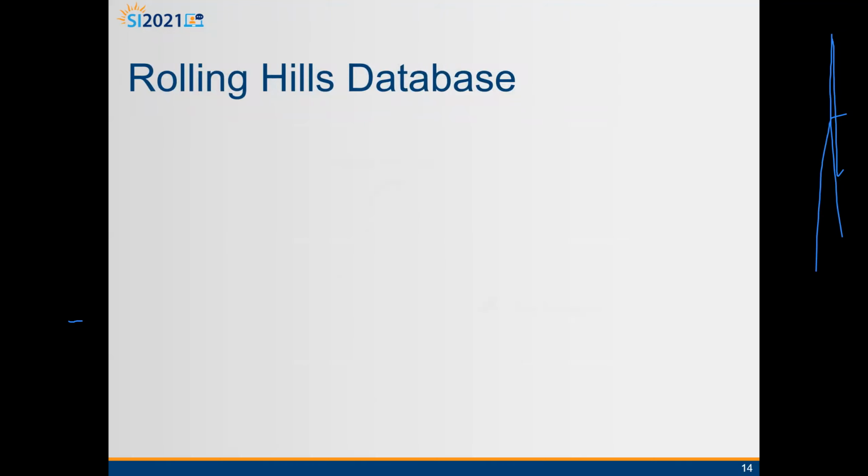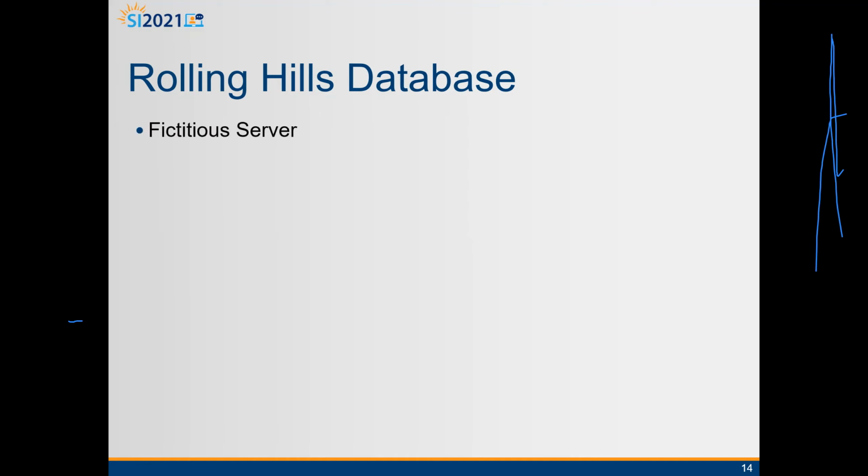Okay, guys, so in the next portion, we're going to jump right into it. I'm going to be using the Rolling Hills database, and I highly recommend you use it. You don't have to use it now, but this is a show and tell, so you can just follow along and not get left behind if you do decide to use it.